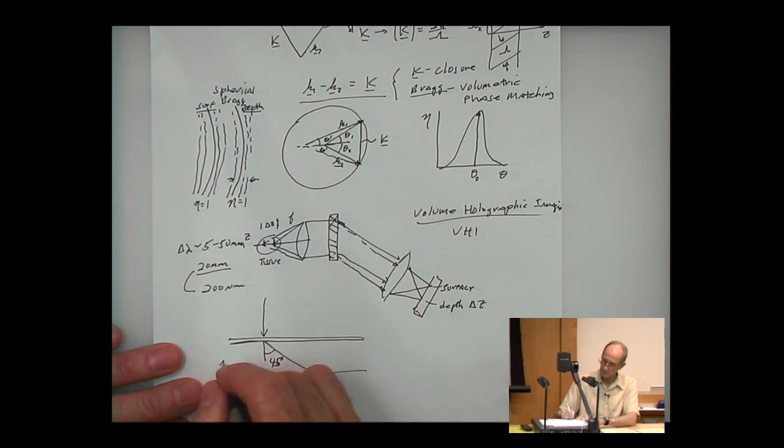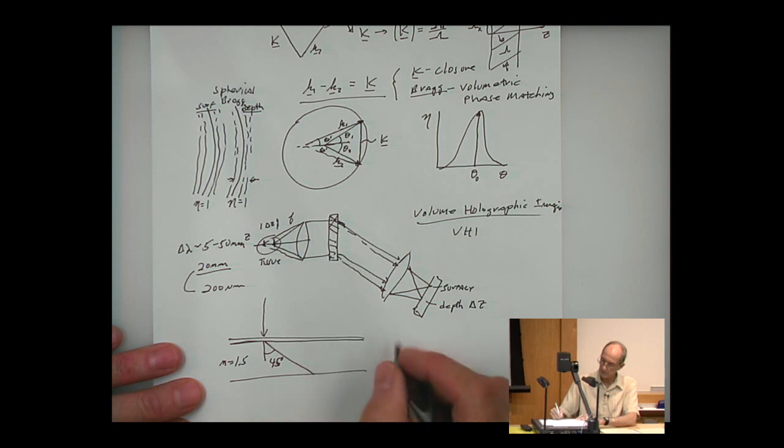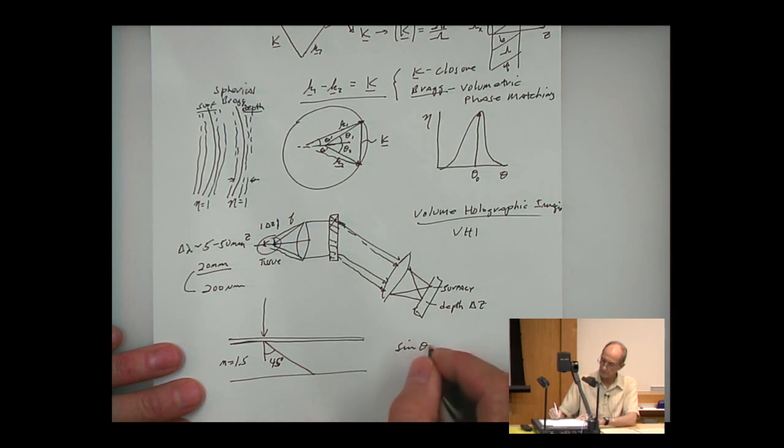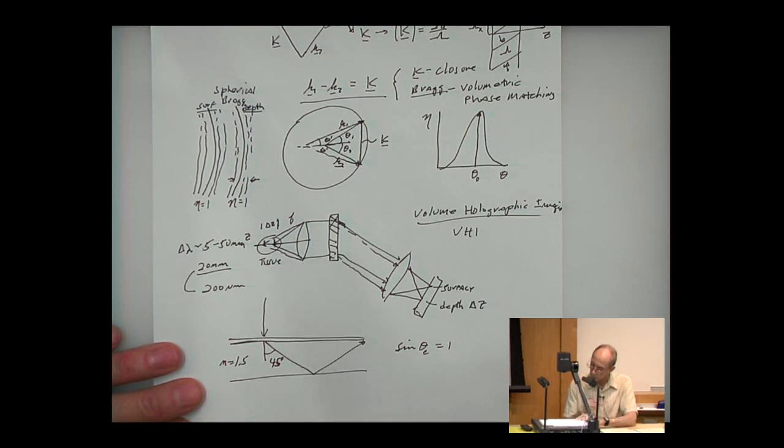And if this were, say, glass with an index of 1.5, that exceeds the critical angle. We have sine theta c equal to 1 over n.